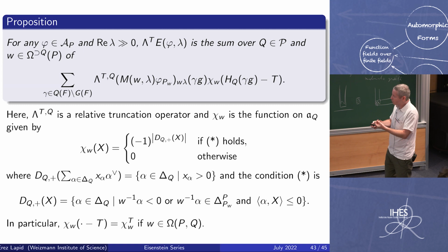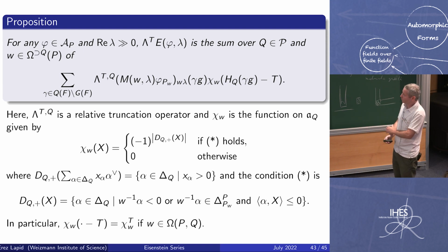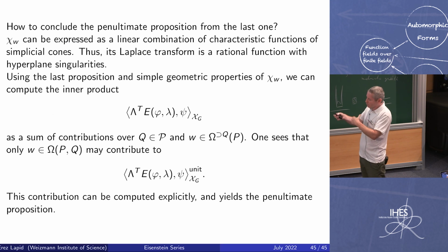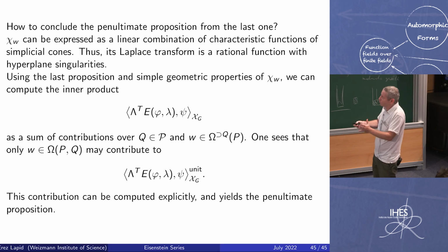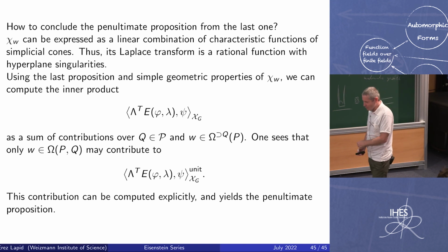It's a bit more complicated, but it still has the same feature that you have characteristic functions of not simplicial, but some cones, which you can work with. And when you put everything together, you have some Mellin transform. When you compute, everything somehow becomes what you want. So, to be continued.